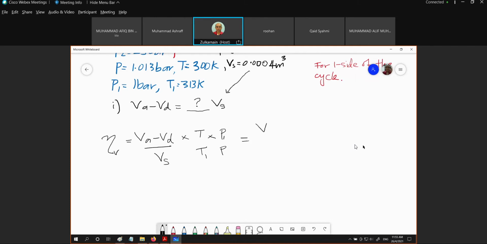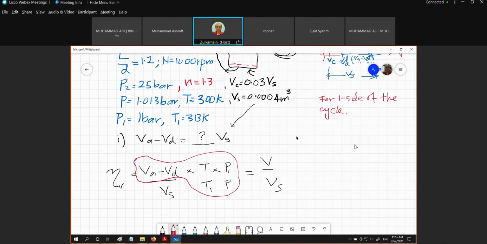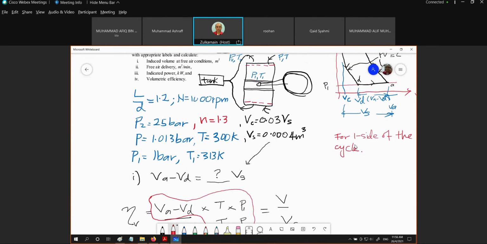This is equal to V divided by Vs. This is equal to V minus Vs. So if we look here, the whole term of this is actually our V. So if you compare this, then we could get the induced VA minus VD.